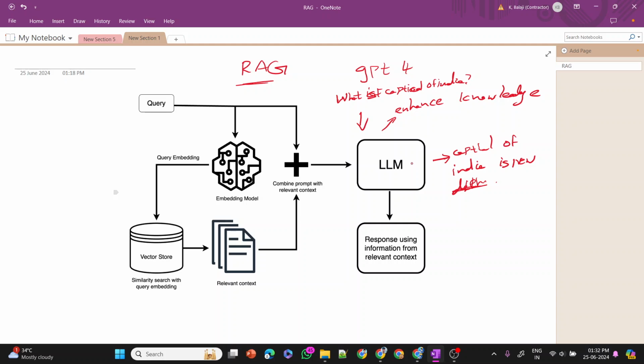But whenever we ask a question related to our business, it cannot answer. For example, we are running a supermarket on a daily basis. Revenue is generated, billing is generated, and we store that information in a database.